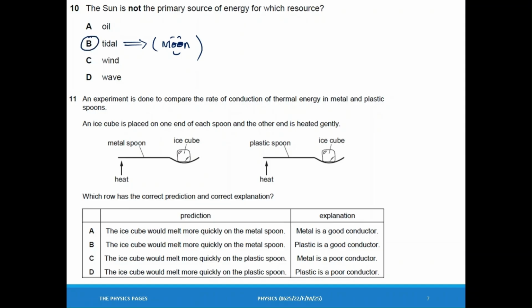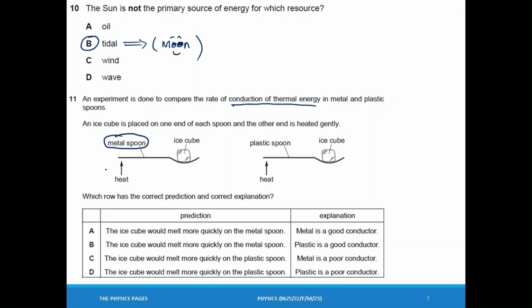Question number 11. An experiment is done to compare the rate of conduction of thermal energy in a metal and plastic. First thing we have to remember is that the best conductor of heat is metal. So a metal spoon is a good conductor of heat. When it is a good conductor as compared to plastic, conduction is smoother and faster.